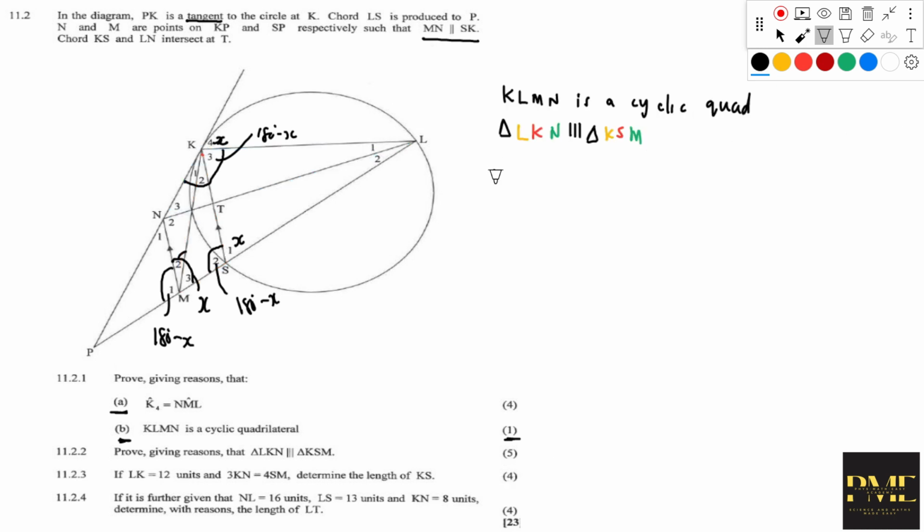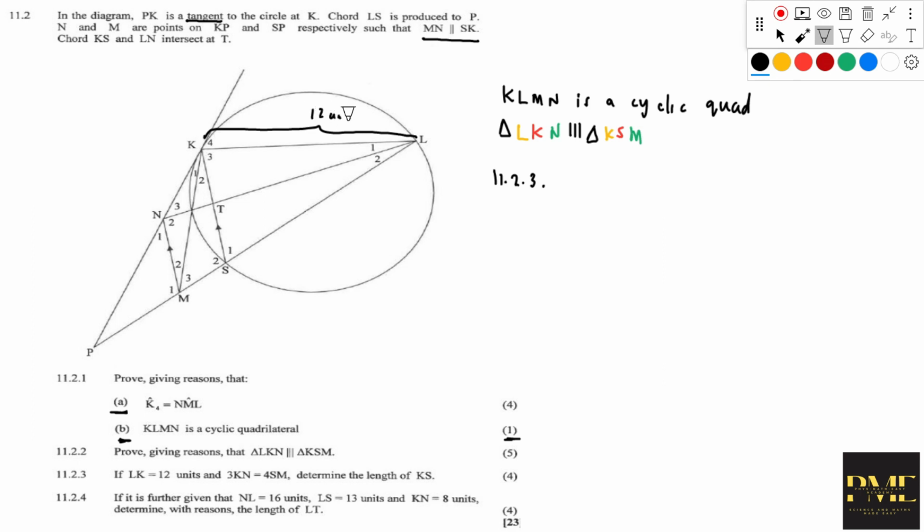11.2.3. Right, guys, so let us move on to 11.2.3. Okay, right. So if LK is equal to 12 units, so here's our LK there, that is actually equal to 12 units, all right, and 3KN is equal to 4SM, okay, we are also told that 3KN is equal to SM, and therefore we're required to calculate the length of KS, okay.